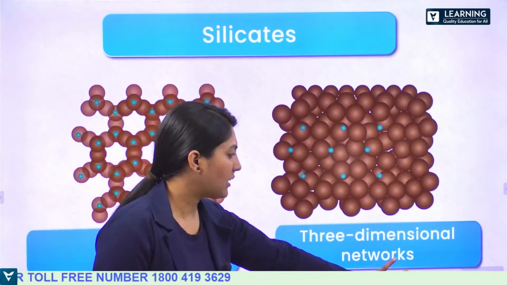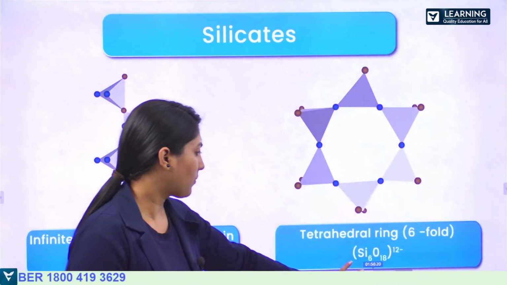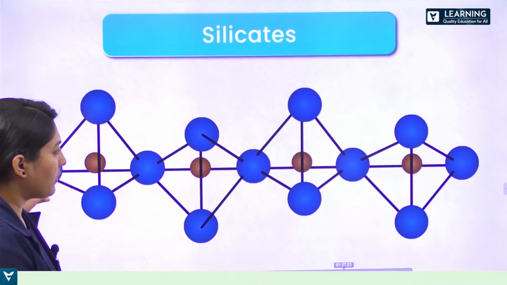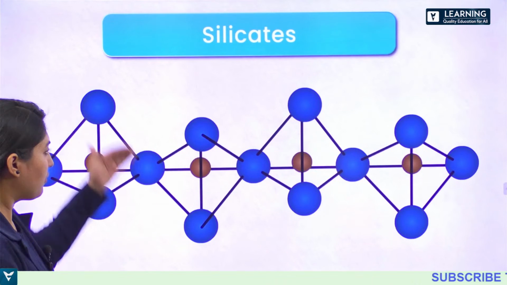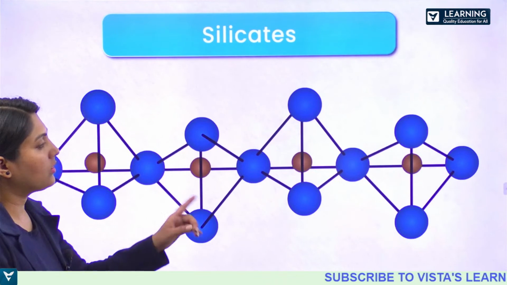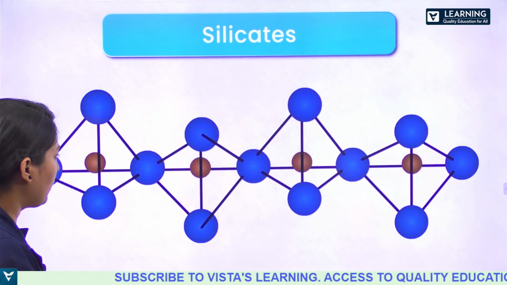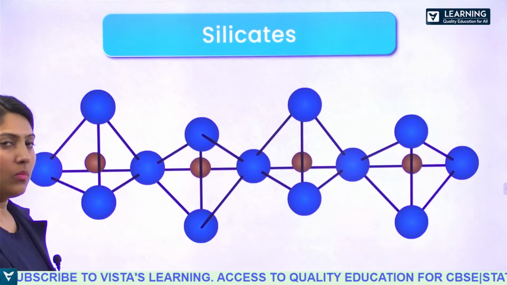They can form the ring shape. So here you can see that the silicates can be a linear type. They can form the chain structure or the ring structure by just combining with other silicate molecules.